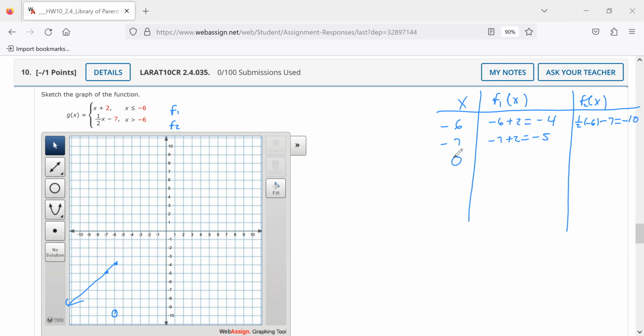That's 0. Yeah, it's gonna be just -7, right? So ready? That should be 2 easy points to plot.